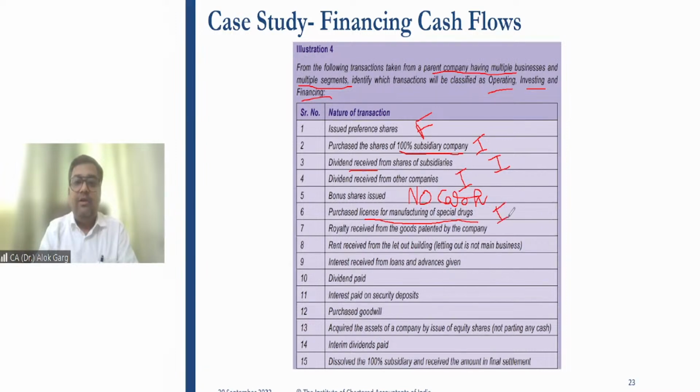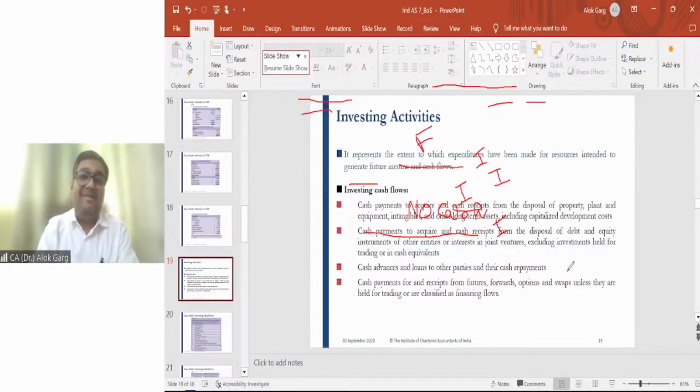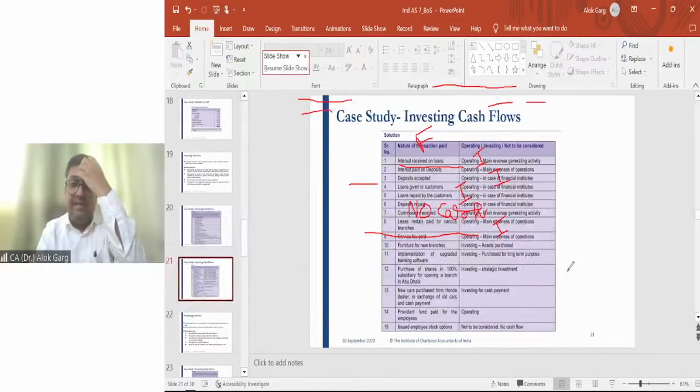Royalty received from the goods patented by the company. Tell me, what is the answer? The company has patented the goods and has given the right to others, and the company is getting a royalty.